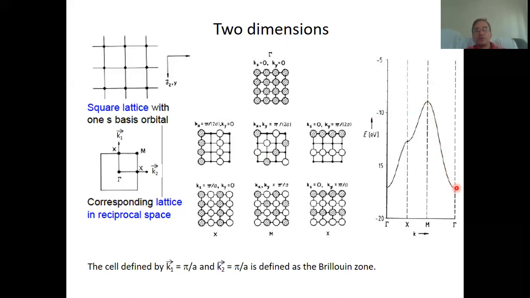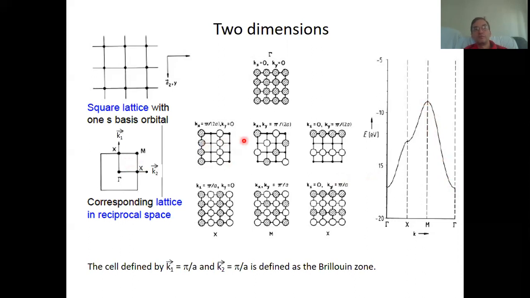Of course, we can also think about additional crystal orbitals. For instance, we can think about what's the crystal orbital halfway back from the point M to the point lambda. That would be the crystal orbital located here.